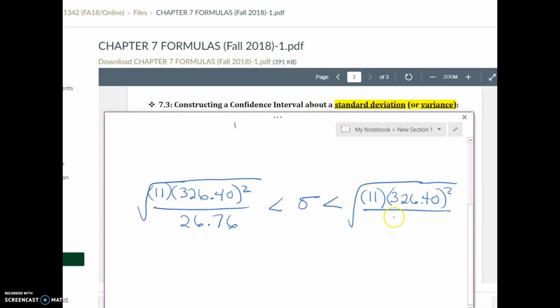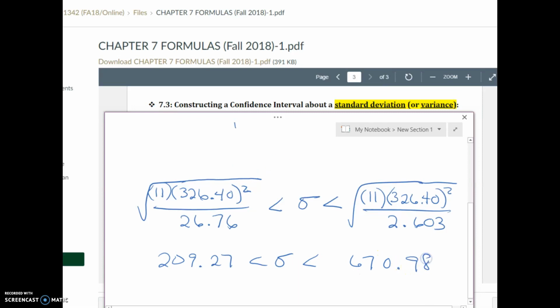And my chi-squared to the left was 2.603. So once I plug this all in, make sure you square just the standard deviation, and everything is under the square root. I get 209.27 and 670.98.